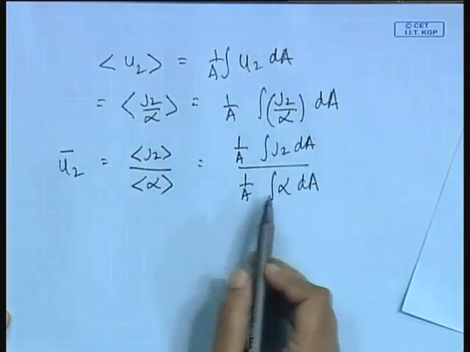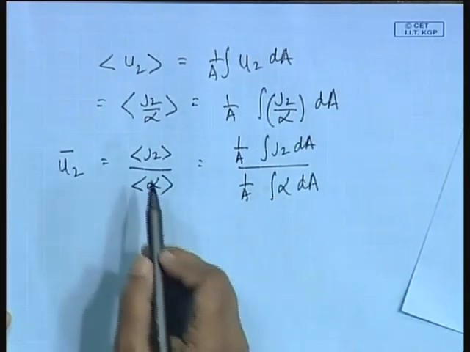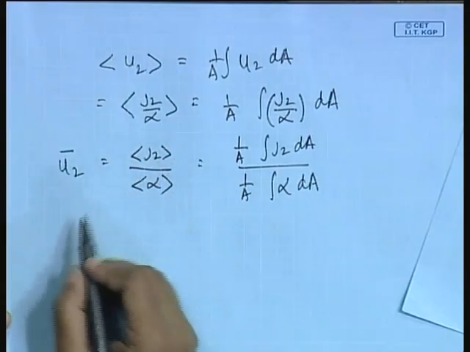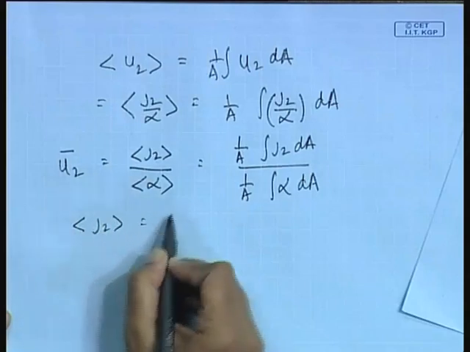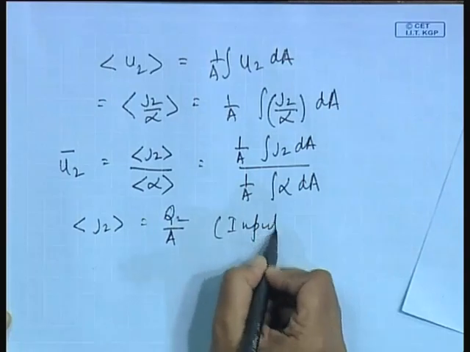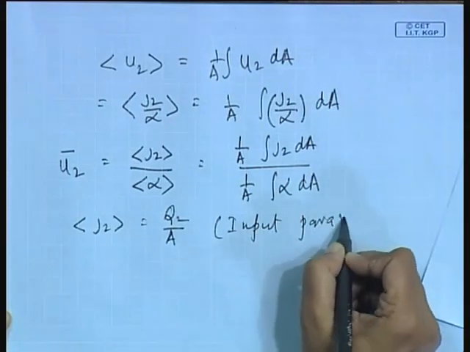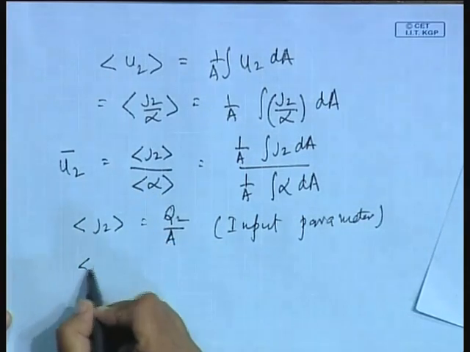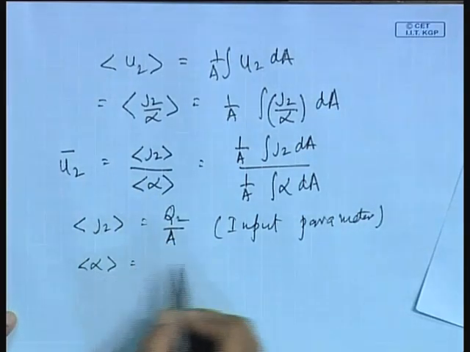In this particular case, it is much easier. You find the cross sectional average J2. Finding out the cross sectional average J2 is very easy. This is nothing but Q2 by A. So, therefore, this is an input parameter or a measurable quantity. Similarly, alpha, it is just the average alpha.